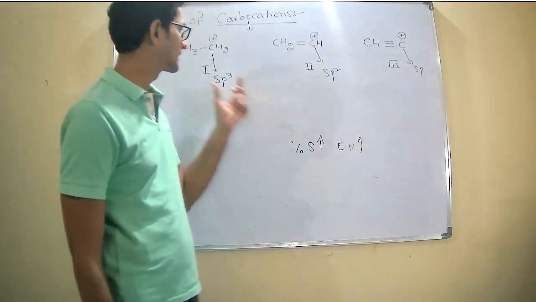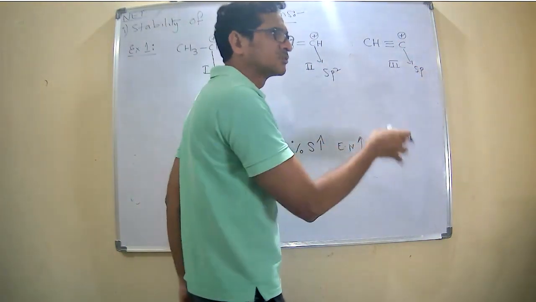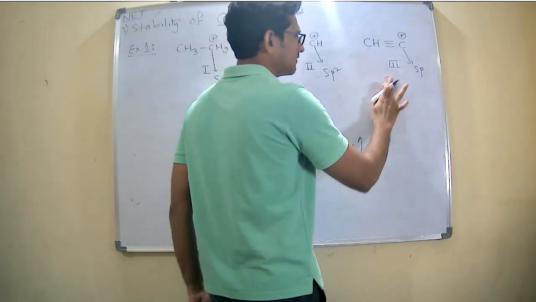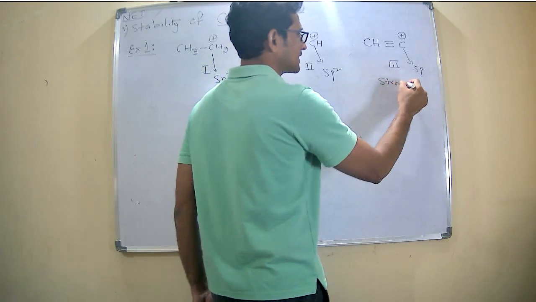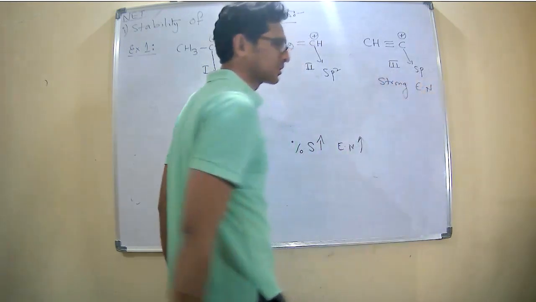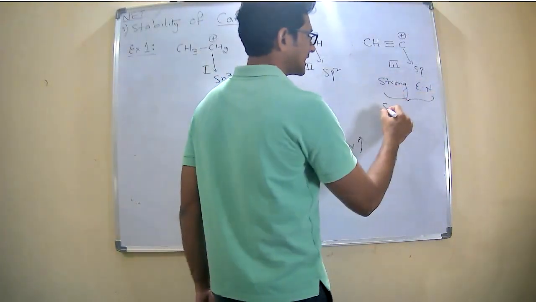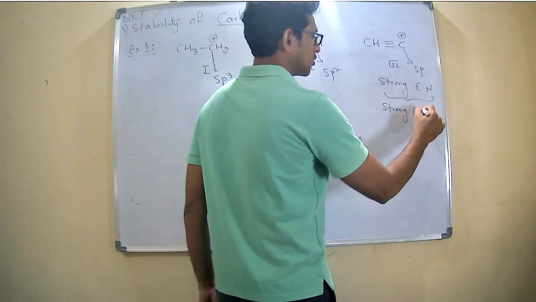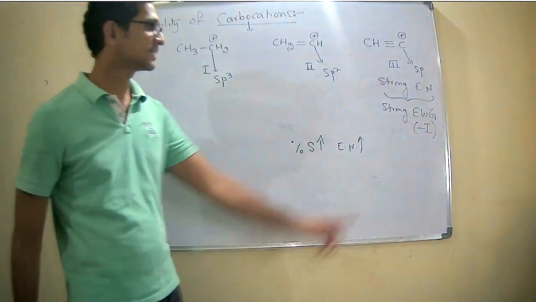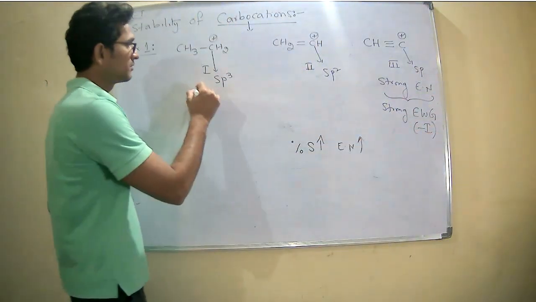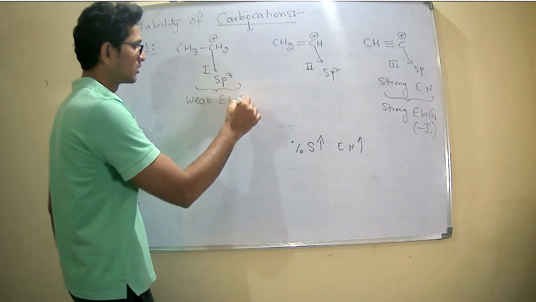Now see here, in compound 3 the percentage of s character is more, therefore it is a strong electronegative group, which can be considered a strong electron withdrawing group, nothing but minus inductive effect. And the first one is a weak electron withdrawing group.